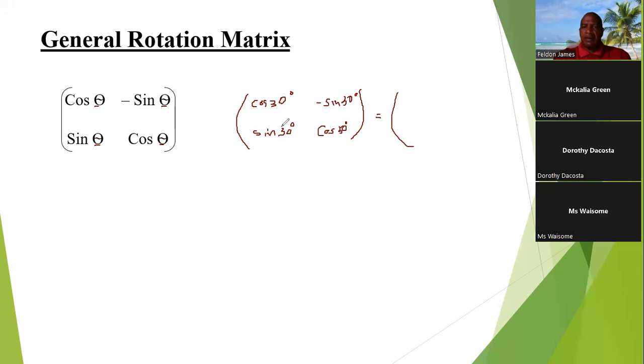I can tell you that sine 30 is 0.5, or a half, so over here you'd have minus 0.5. And cos 30 will be 0.866. Could you check with your calculators and ensure these are correct? Yes, sir, they're correct.